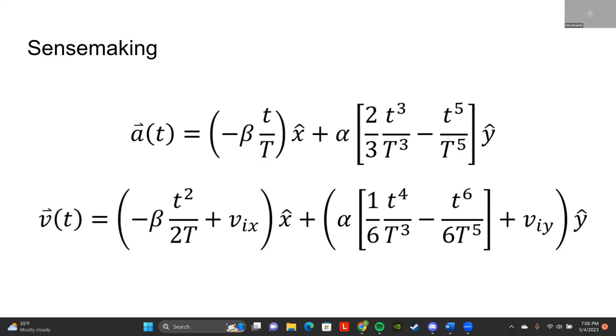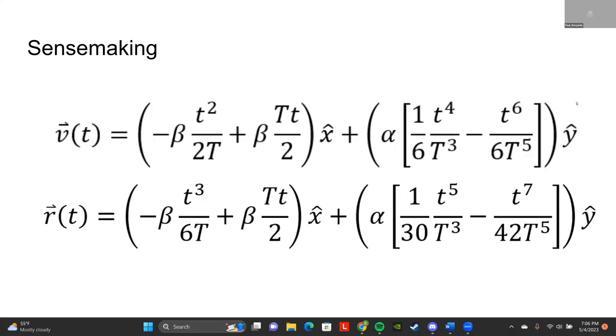Now we put big T back into the velocity formula to find out what v initial in the x and y is, which comes out to beta times big T times little t over 2 in the x and 0 in the y. With that, we can now integrate again to find the position formula.